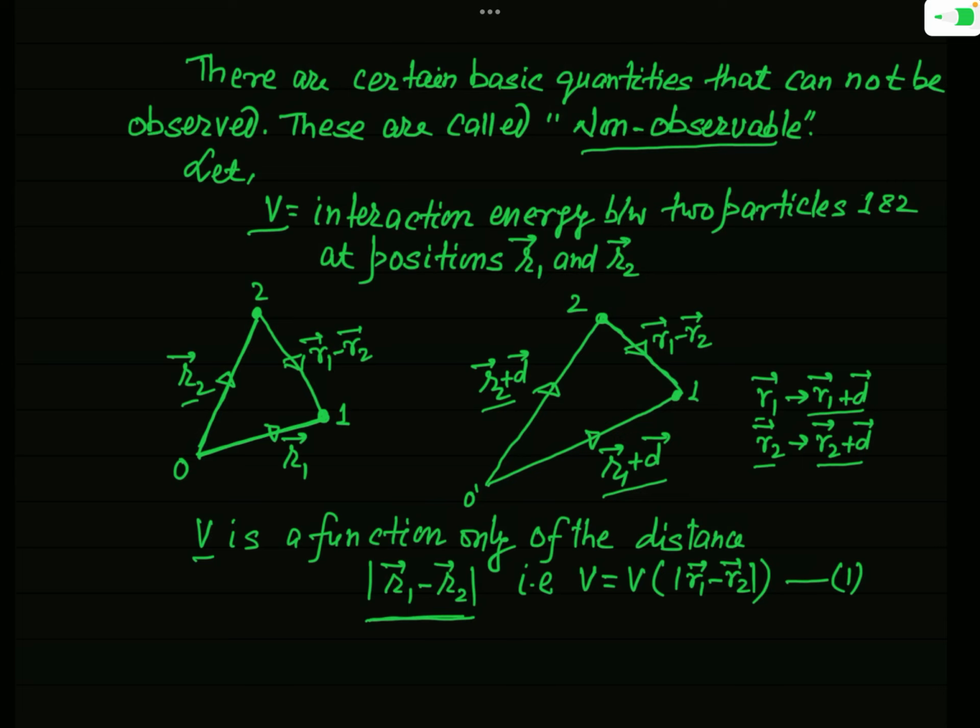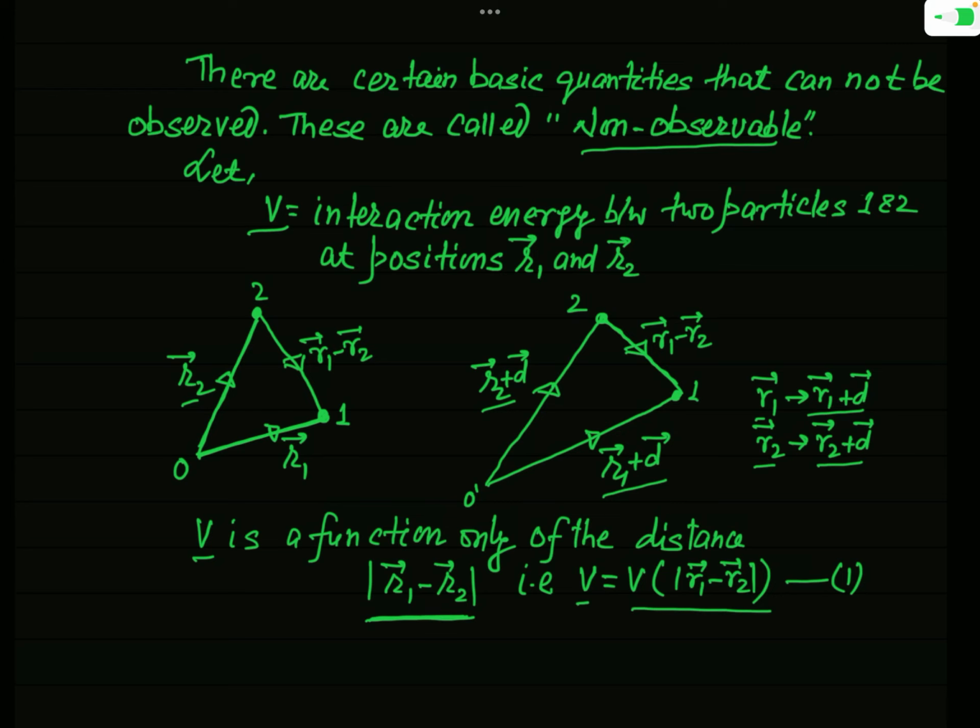It means by changing the origin or changing the value of these position vectors, the separation between these two particles does not change. And this interaction energy V is only a function of the distance between these two particles.